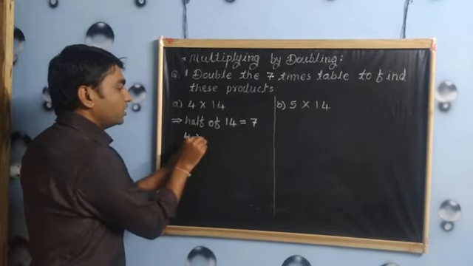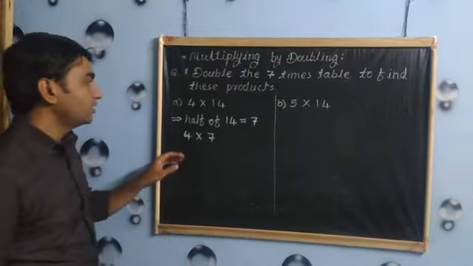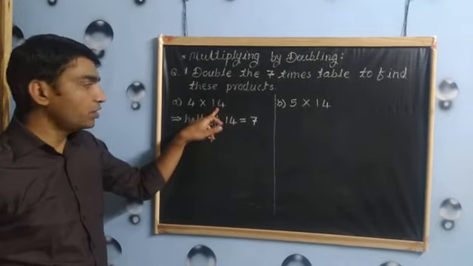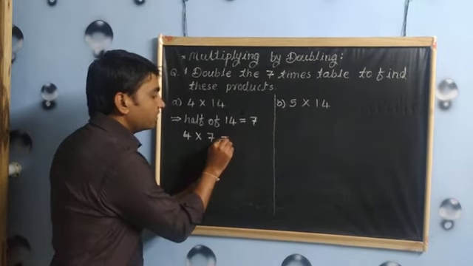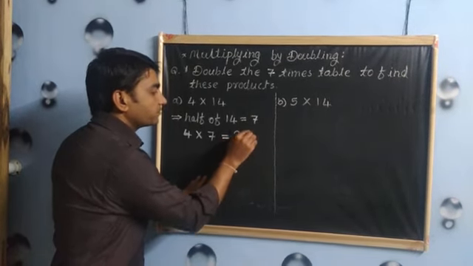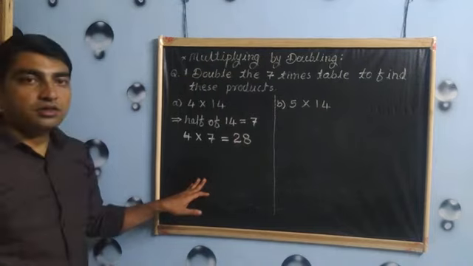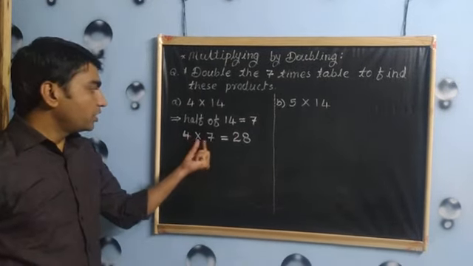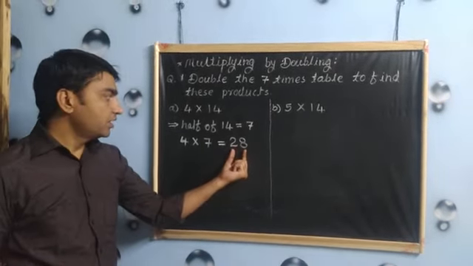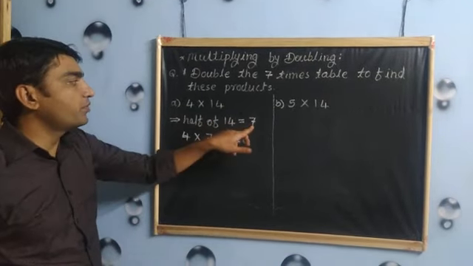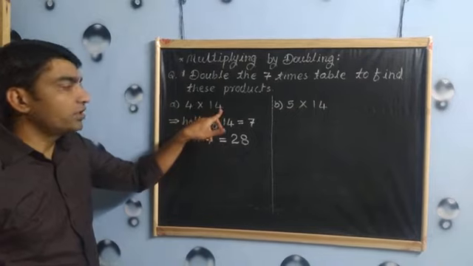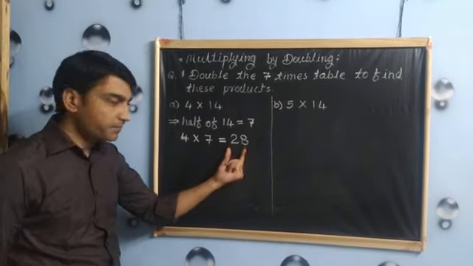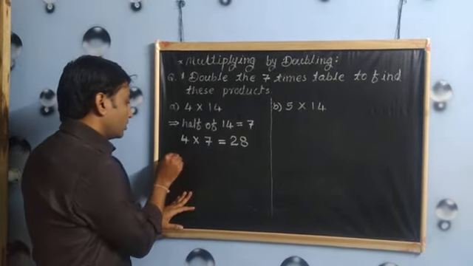Now we will find 4 into 7. Instead of 14, we will take 7. 4 sevens are 28. We got 4 into 7 equals 28. As we have taken half of 14, to find the answer to 4 into 14, we have to double the answer.